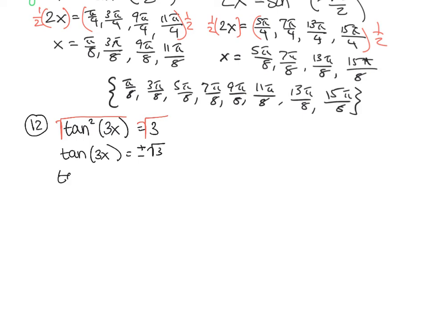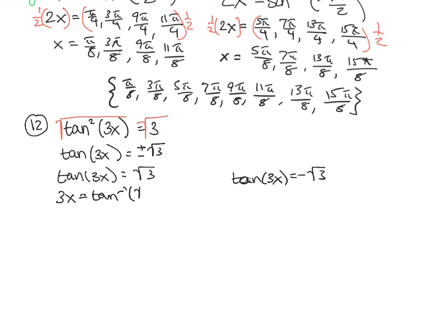I can write this as tangent of 3x is equal to positive square root of 3, and tangent of 3x is equal to negative square root of 3. So for both of these, I'm going to use tangent inverse on both sides. 3x is equal to tangent inverse of negative square root of 3.